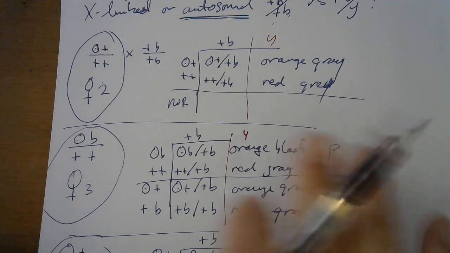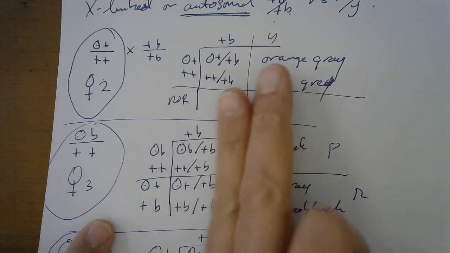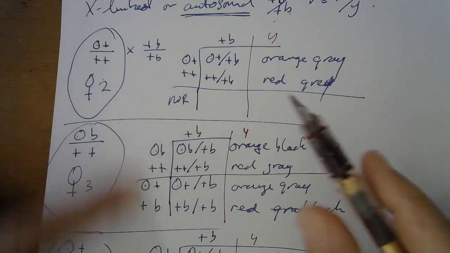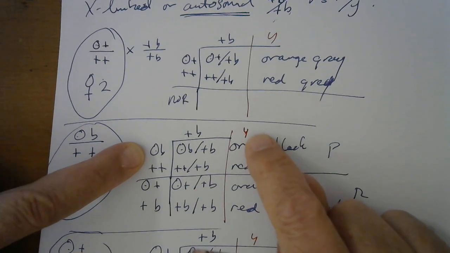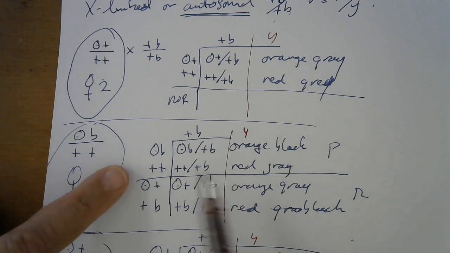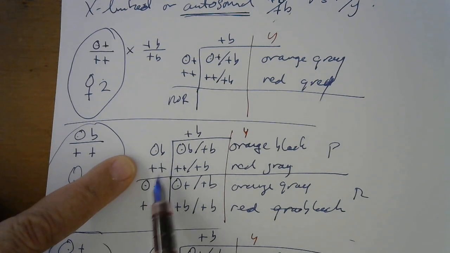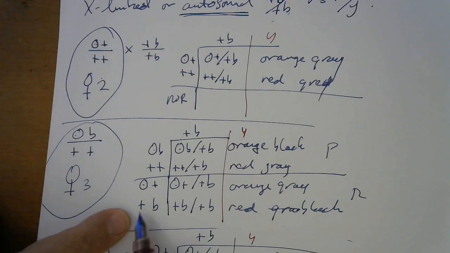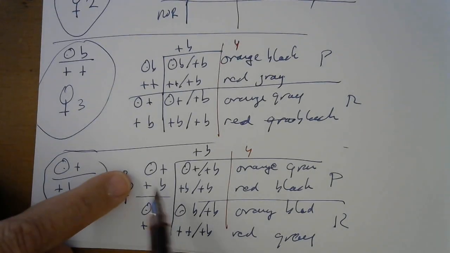Do you see what I'm doing? I'm saying, imagine those are female, and then imagine what the males would be. The males would be just the gametes from the oocyte and the Y. And so orange black, red gray, orange gray, red black. So the male would be the same as the female here.